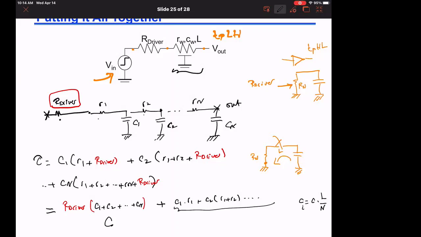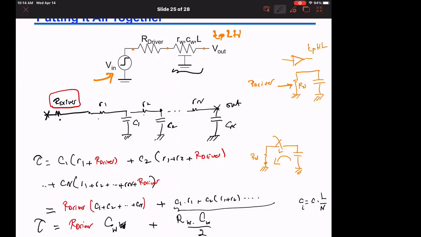So I will end up here with R driver times the C of the wire, plus this constant here that we already derived, it is the R wire times the C wire over 2. So my new time constant is really R driver times C wire plus R wire times C wire over 2. From here on, I know my tau, I can find all my delays.